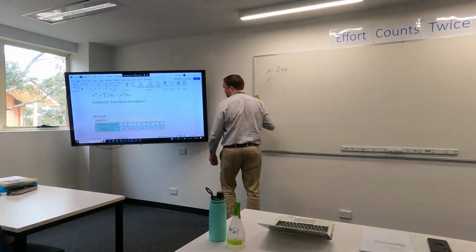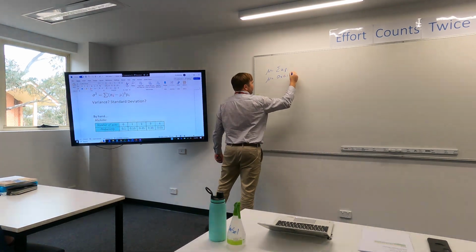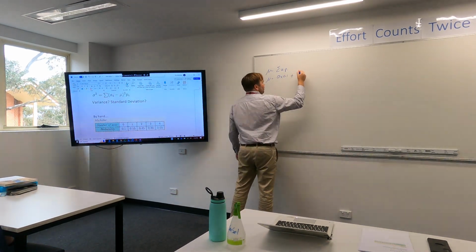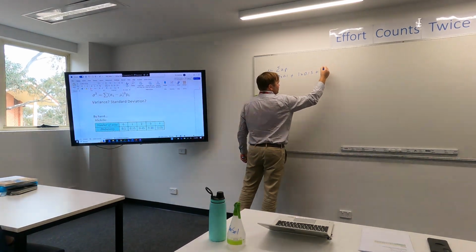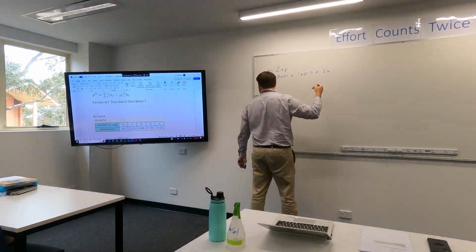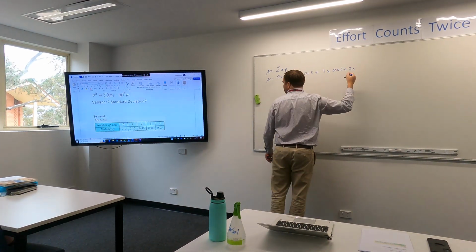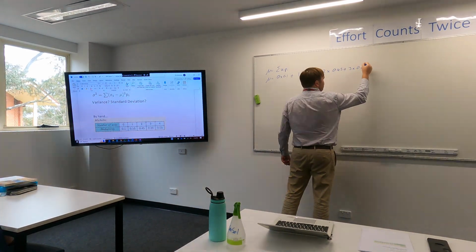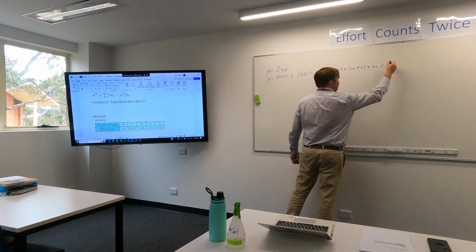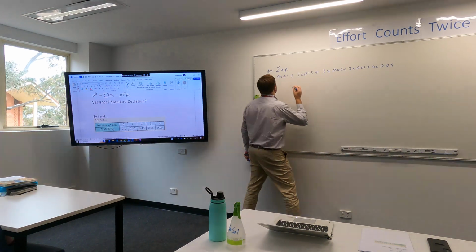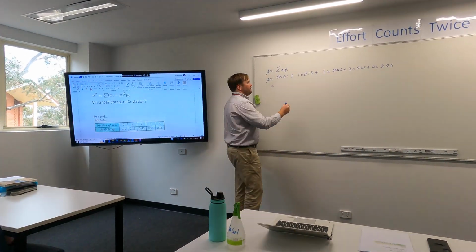Or in this case, it is 0 times 0.1 plus 1 times 0.15 plus 2 times 0.45 plus 3 times 0.25 plus 4 times 0.05. Bring it all together. What is that?